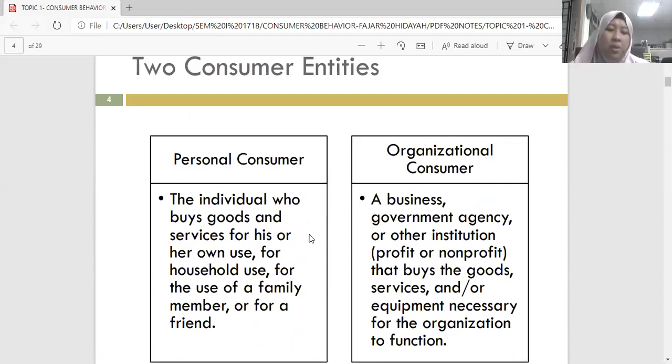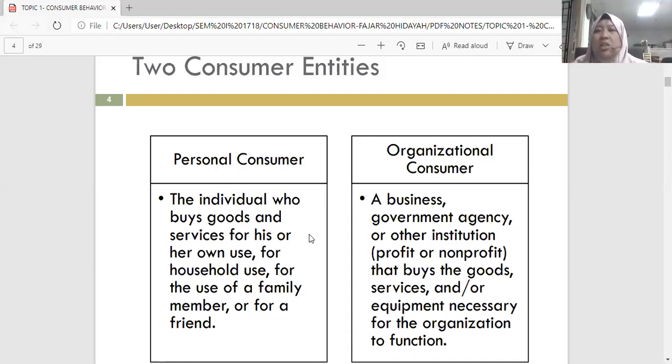The personal consumer is an individual who buys goods and services for his or her own use, for household use, for the use of family members, or for friends. For example, you buy groceries for your family, or shampoo and soap for your own use. Every product that you buy for your family, and maybe for your friends, we call a personal consumer.